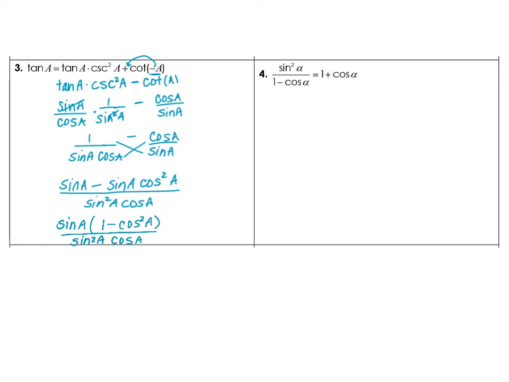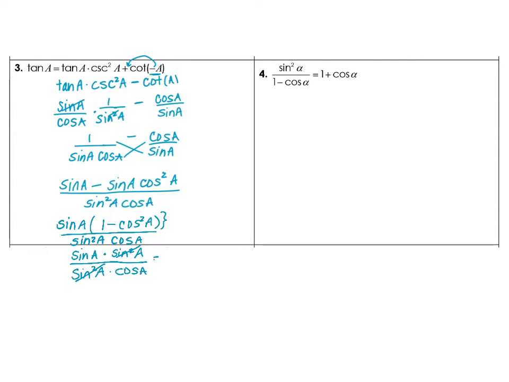One of those cosines, or one of the sines will cancel, sorry. And we also see that this portion right here is an identity. That is sine squared as well. So let's just write that in before we start doing a lot of canceling here, because I think if we take that sine A, that inside the parentheses is sine squared A, and all of that is over sine squared A cosine A. We're going to get those sine squareds to cancel.